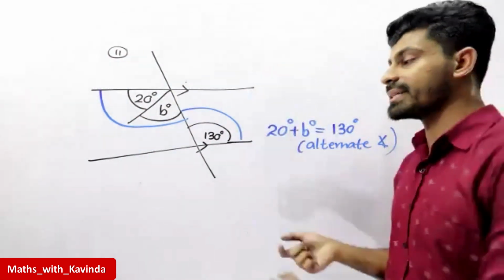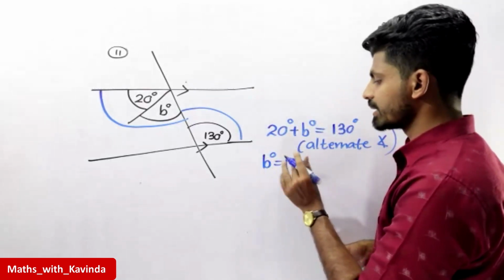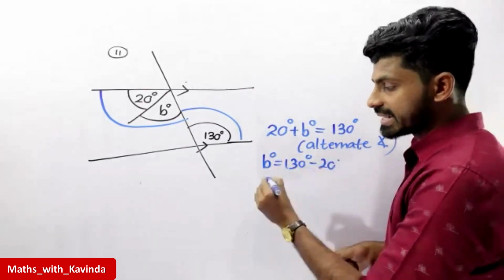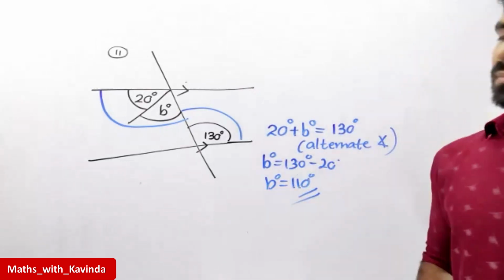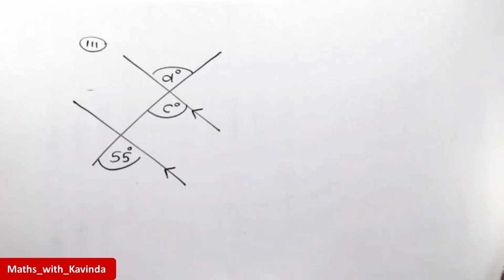Plus 20, moving to the other side, B equals 130 minus 20. B equals 110.